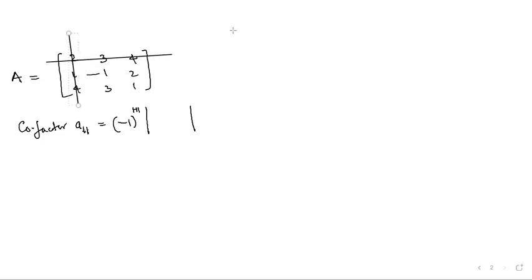If I delete this, what are the things I'll be getting? Minus 1, 2, 3, 1. This minus 1 raised to 1 plus 1 means minus 1 square, which will give you 1 only. So your answer will come minus 1, minus 6. So the answer is minus 7.